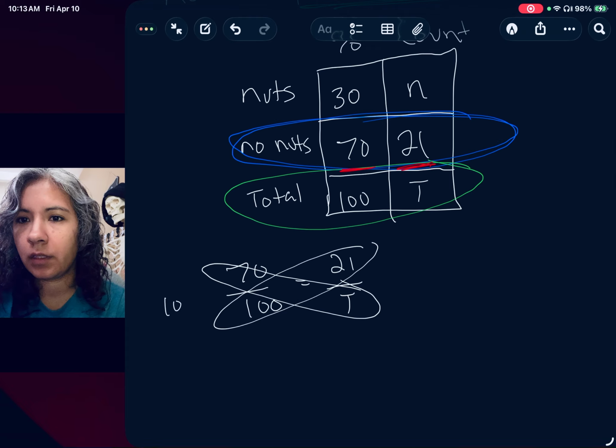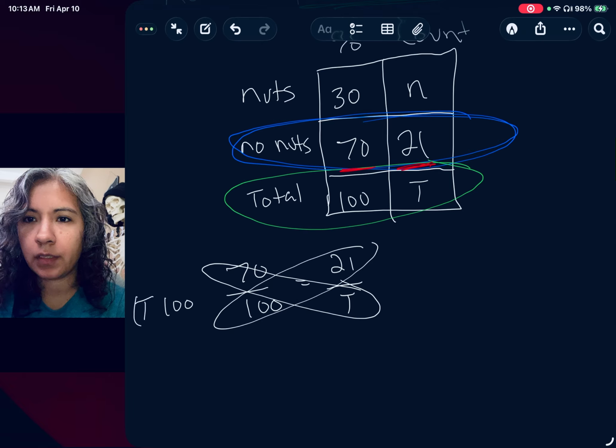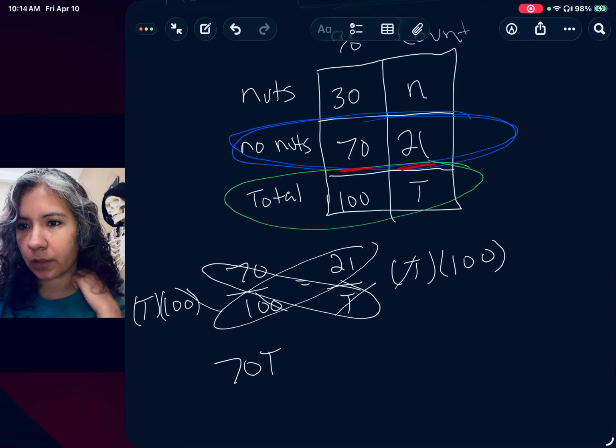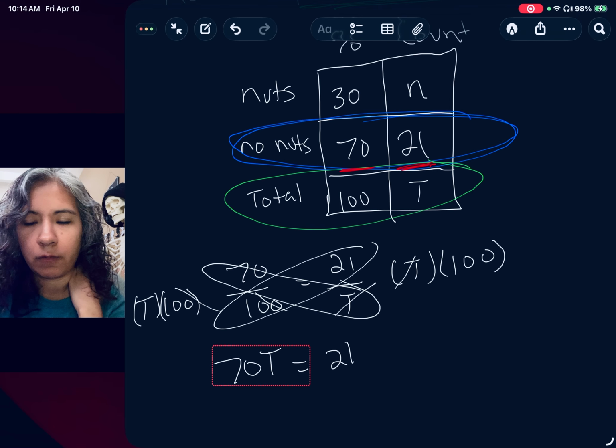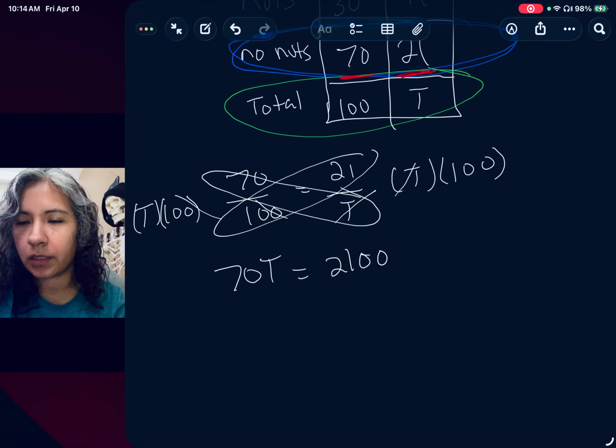So we can multiply 100 times t times 100. So our 100 will cancel. T's will cancel on this side. So we will have 70t, it's the same as cross multiply, equals 2100.